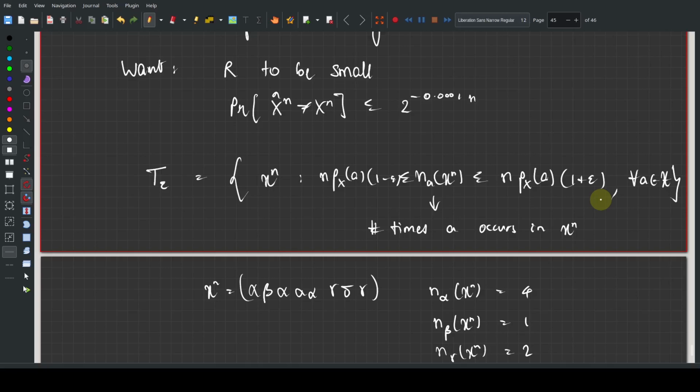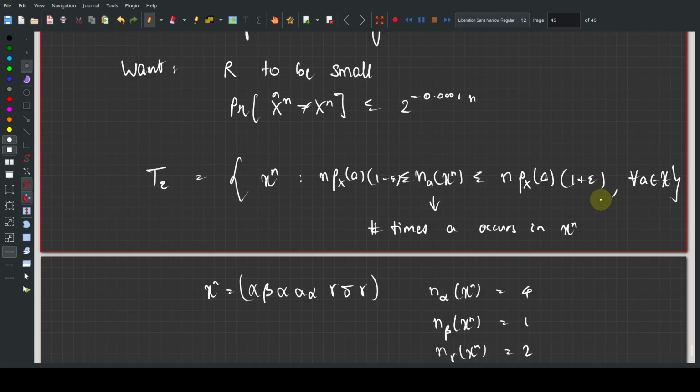Now, naively, what would you expect the probability that a random sequence falls in this particular set to be? Would it be high or would it be low? Okay, so maybe let's look at a simpler case where Xn is binary. Xn can take only two values, 0 and 1.